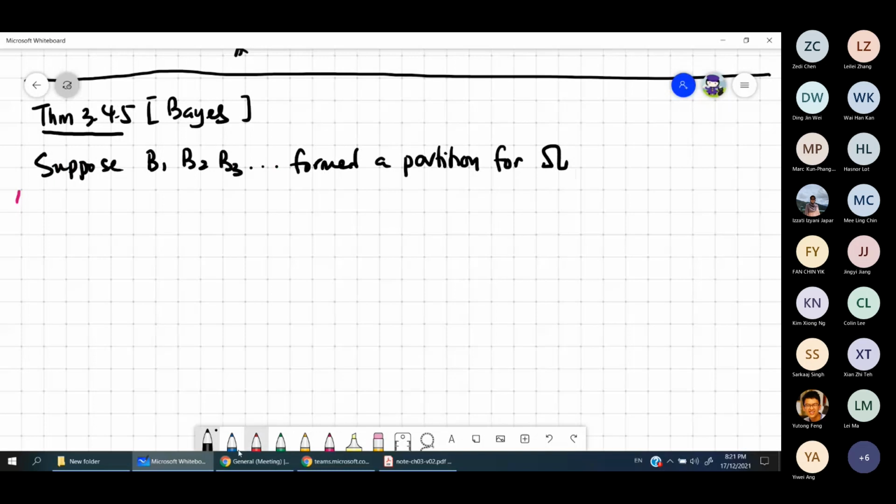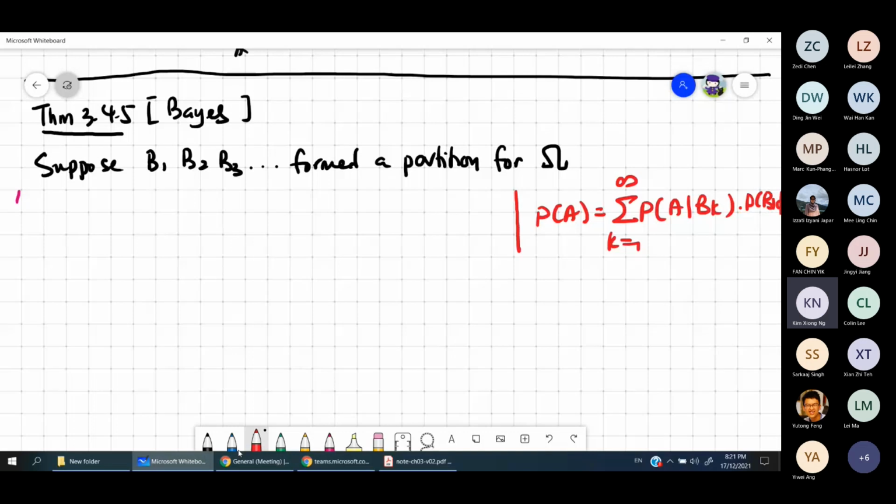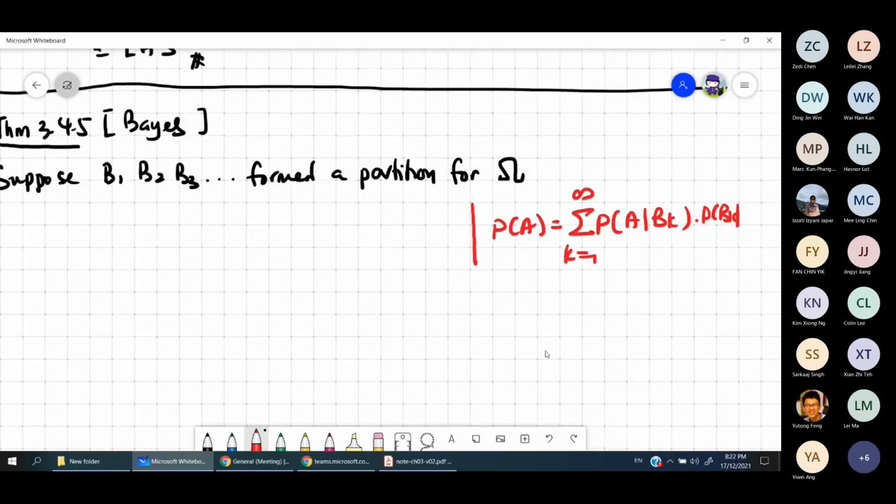So from our previous theorem, we have this: P(A) equals the summation of k equals 1 to infinity of P(A given B_k) multiplying P(B_k). So this is the formula that we have proven just now.